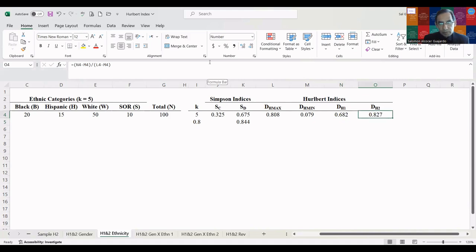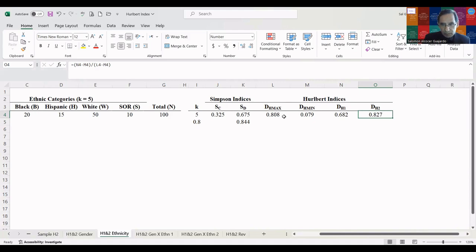Now, the relative Hurlbert index for ethnic group, recall that it's going to be the Hurlbert index minus the minimum score divided by the maximum score minus the minimum score.